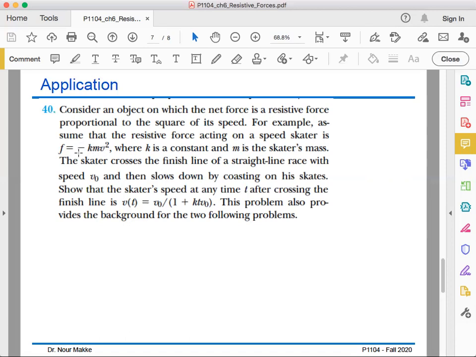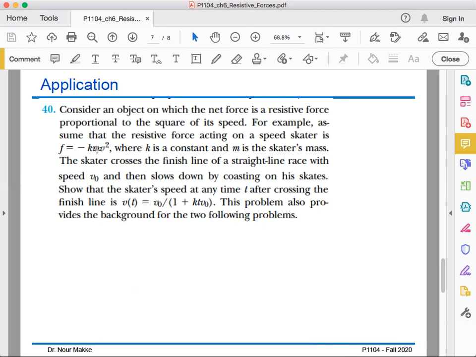So you have a minus sign to make sure that this is a resistive force, and F is proportional to v squared through this factor, which is Km, where K is a constant and M is the skater's mass. So you have here two factors. One most likely depends on the medium and the other one depends on the object itself.